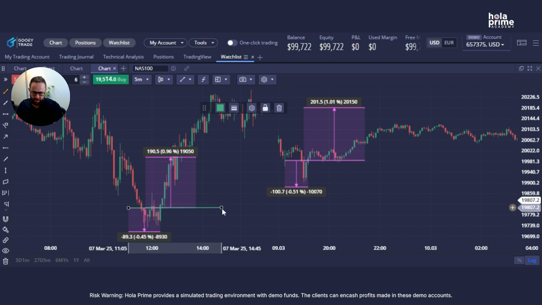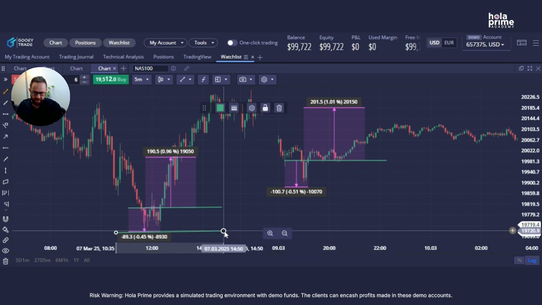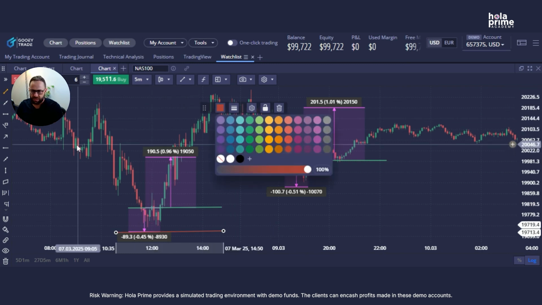Now, I'm going to draw in a few lines here. Let's say that green line there represents my entry level. I'm going to do the same over here. Just bear with me. And let's say this one was your stop loss level. Make that red for stop loss.